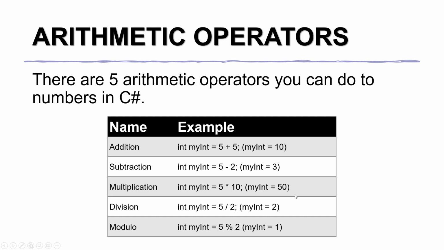This is a really important operator when it comes to integers, where division gives you the answer of how many times does this number go into that number. This gives you what is the remainder after division is done. So 5 divided by 2 is 2 remainder 1. So there are instances where you will want to find that remainder. That is what this is down here.